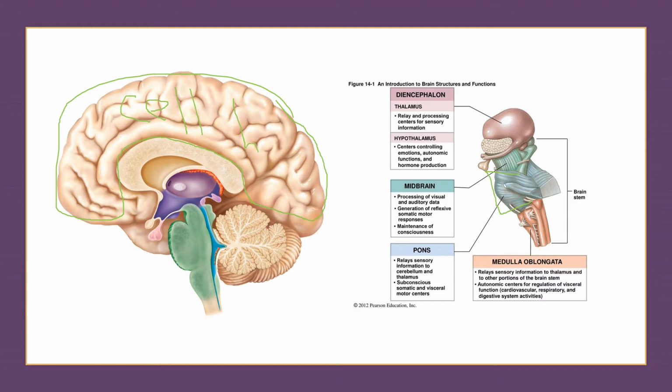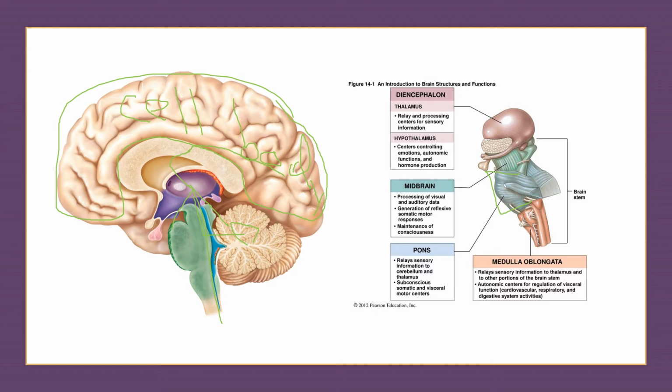This is where our neurons are really doing their job of that chemical electrical communication, and then their axons come on down, whether they go through the corpus callosum and cross hemispheres, or they go on down into the thalamus, and then the thalamus relays it down to the relevant areas, whether it be the medulla oblongata, the midbrain, the pons, or the cerebellum.